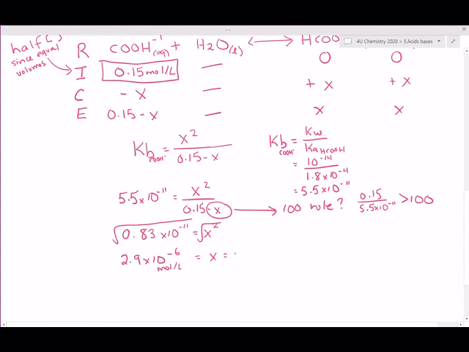Notice how this is hydroxide ion concentration, is what x is this time. So based on that, we can figure out the pOH, because it's the negative log of the hydroxide ion concentration. So negative log of 2.9 times 10 to the negative 6.